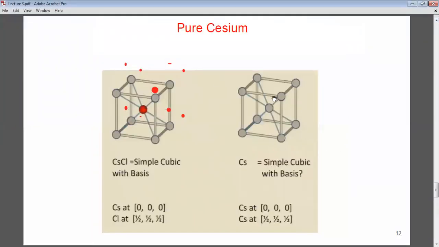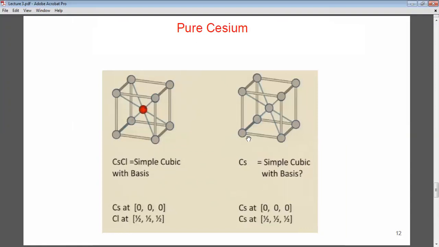I said that this structure by itself, which is a pure base, pure cesium, is a lattice by itself. I made the assumption that each point in the lattice has exactly the same environment. And this is one of the 3 definitions we agreed on for a lattice, right? We said that one of the definitions of a lattice is that if I take any point, it will have exactly the same environment as any other point.